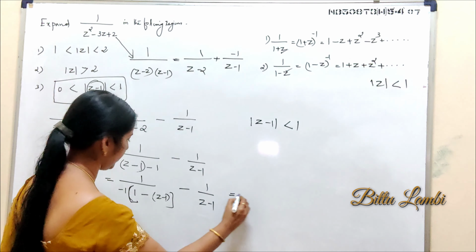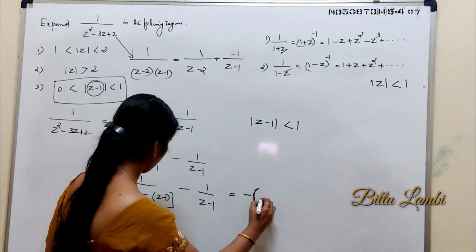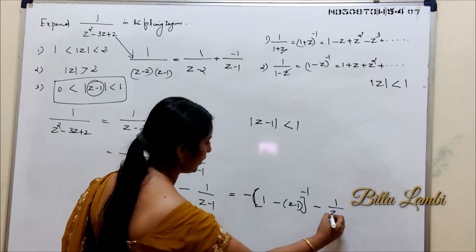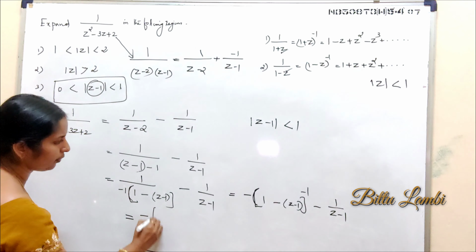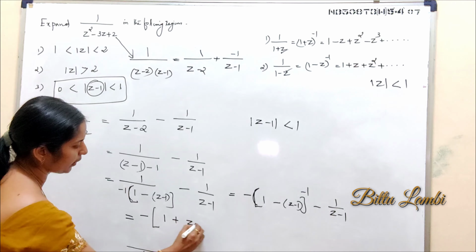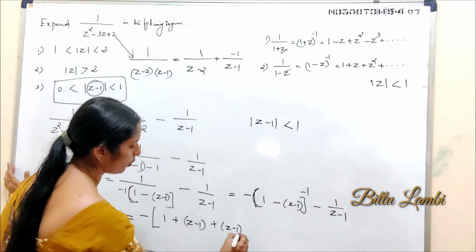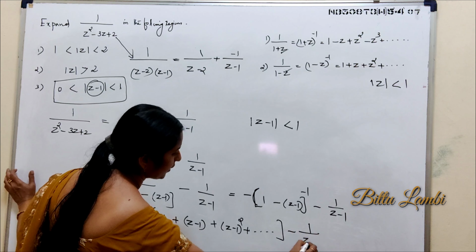And its expansion is minus, see this is 1 minus z minus 1 raised to minus 1, minus 1 by z minus 1. That is minus of 1 plus z minus 1 plus z minus 1 the whole square plus etc., minus 1 by z minus 1.